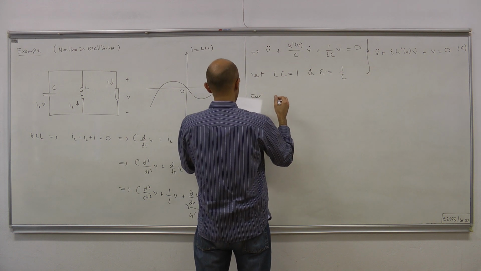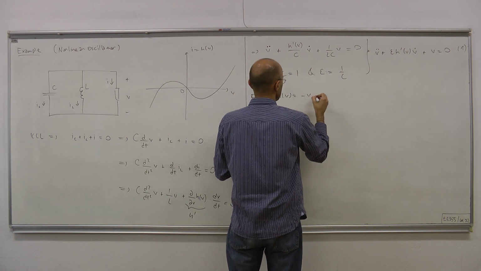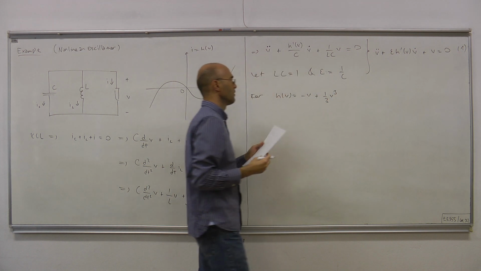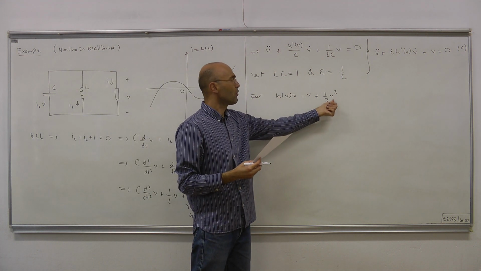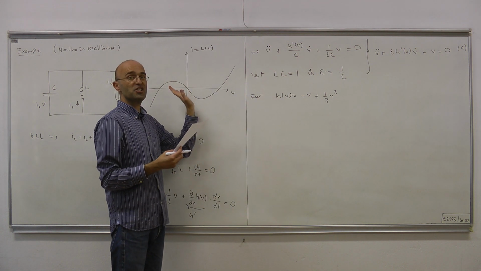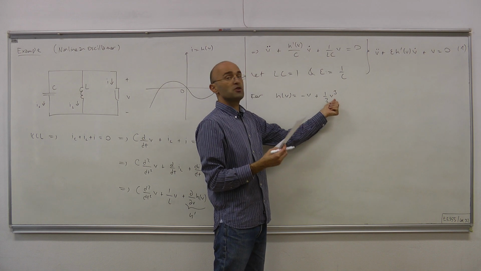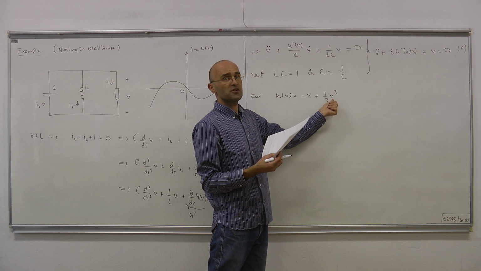H of V equals minus V plus 1/3 V cubed. For small V, we can ignore the V cubed term, and what we have is minus V, which is a negative resistance type component. As you increase voltage further and further, this term starts dominating.